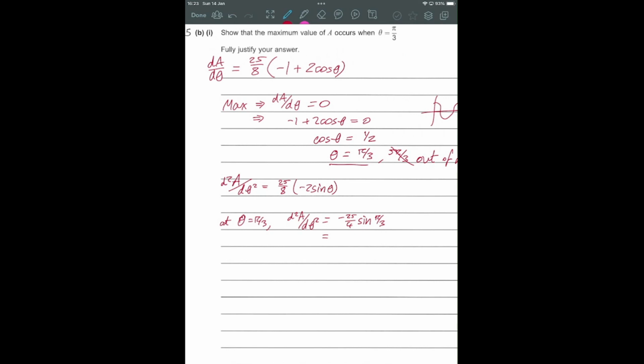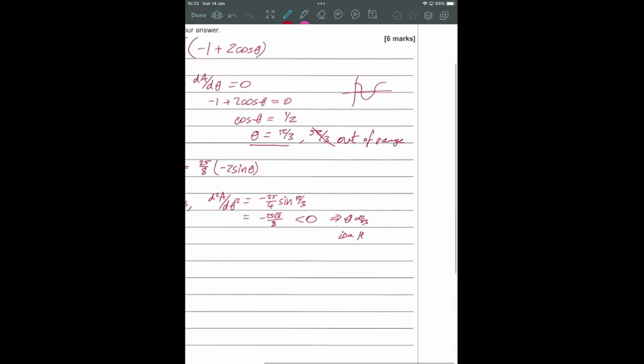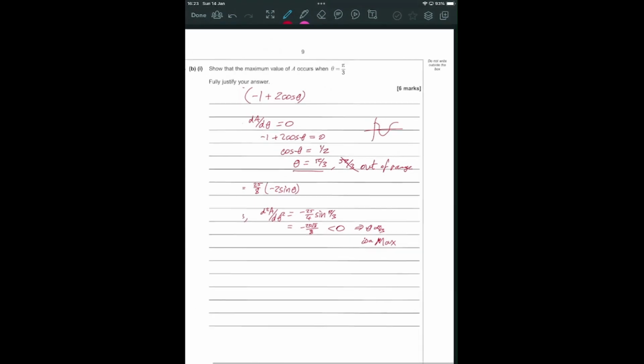That is an exact angle. That's the one that has a root 3 involved. I'm still going to type it into my calculator. So negative 25 over 4 sine of pi by 3. So that's negative 25 root 3 over 8. The important thing is that it is negative, which implies that theta is pi by 3 is a maximum.